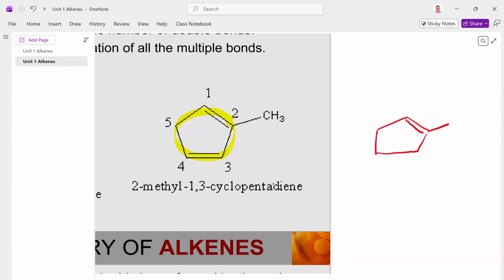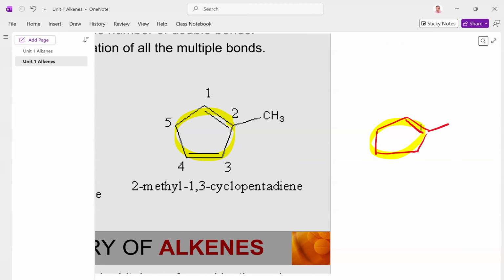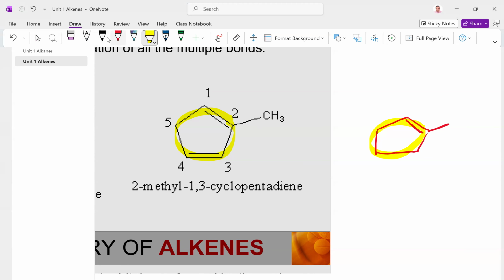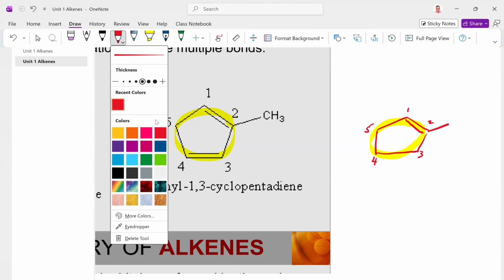Okay, so automatically the cyclic part is backbone. So we can start numbering from here. Or we can start numbering from here.